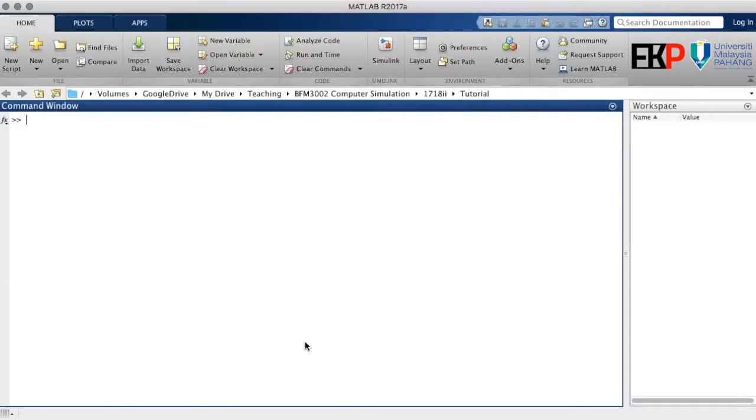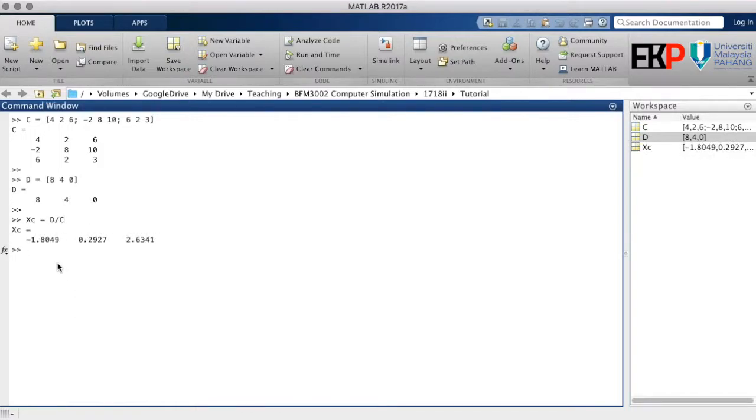So let's take a look at how we implement this in MATLAB. Let's say we have the matrix C of the coefficients of the unknowns, and now we create a row vector D as the right hand side of the equation. So to solve for the unknowns x, y, z, we can use the right division where it begins from the top right.